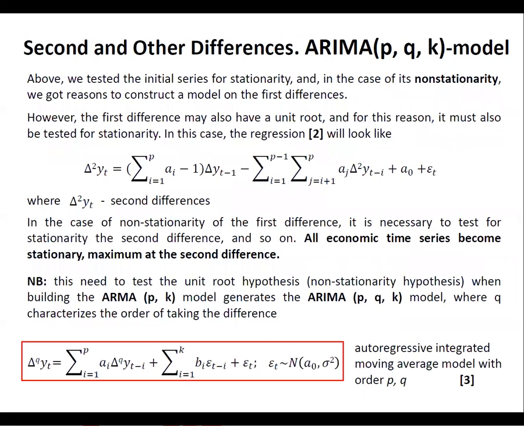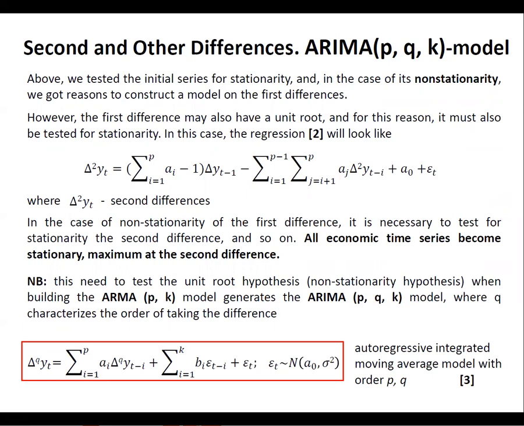So far, we have tested the original series for stationarity, and in the case of its non-stationarity, we have received the basis for constructing an autoregressive model on the first differences. However, it may turn out that the first difference will also have a unit root. That is, the first differences of an economic indicator also need to be tested for stationarity.